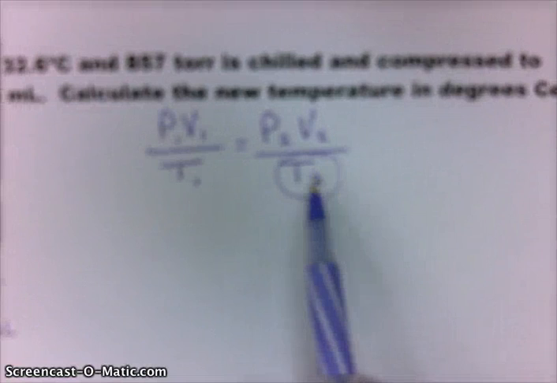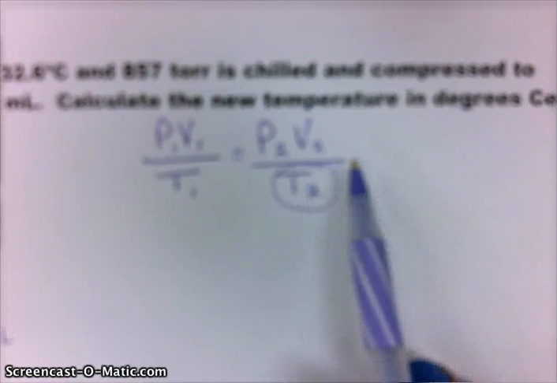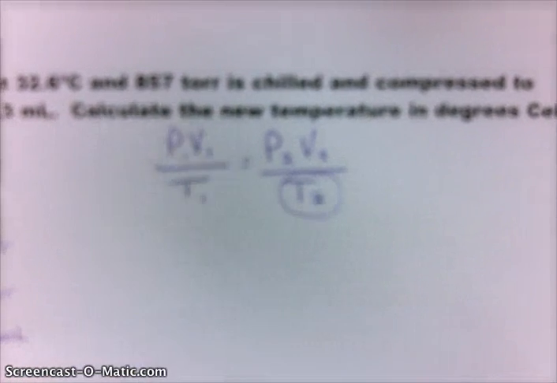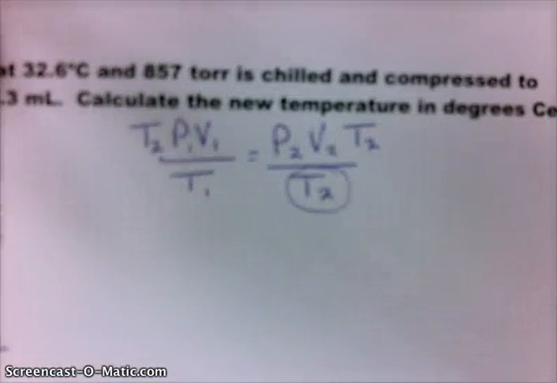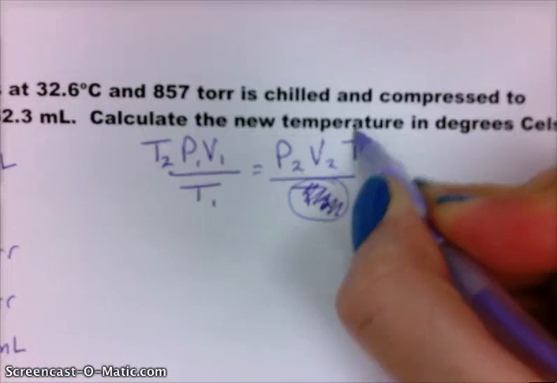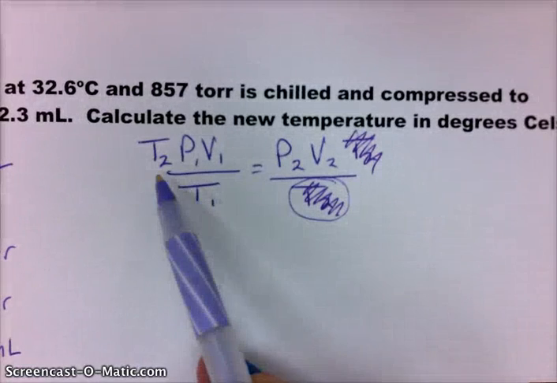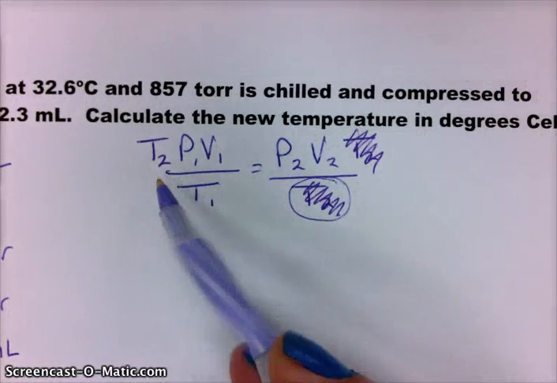T2 is down in the denominator, and in order to get rid of it, I'm going to multiply both sides by T2. That allows T2 to cancel out. And now T2 is in the numerator on the other side, which is where we want it.